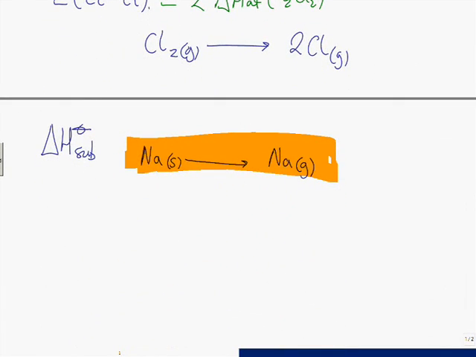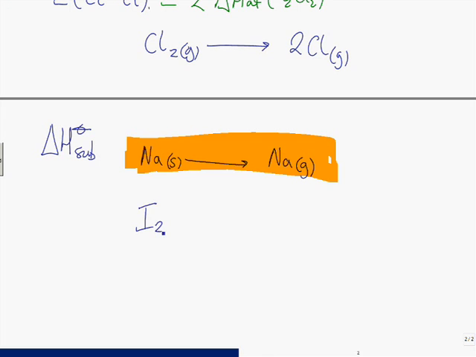Those two are the same, but you have to be a little bit careful with this, because if I were to take, for example, iodine, which is in the form of a solid, and we talk about the sublimation of that, I'm going to get iodine molecules in their gaseous form.